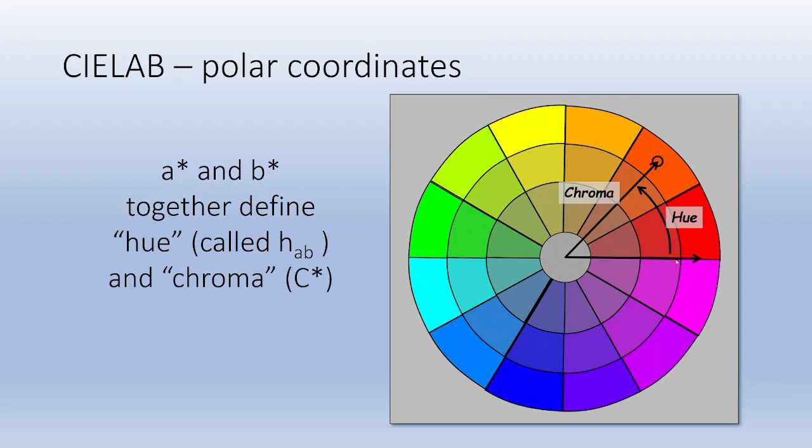In this case, if we have 50 and 50, then this is about 70. Colors can be defined in terms of L star, A star, and B star, or in terms of L star, C star, which is chroma, and HAB, which is the hue. Why did they call it HAB? I don't know. I wish they'd have called it H star, but you could call it that and nobody would get confused.